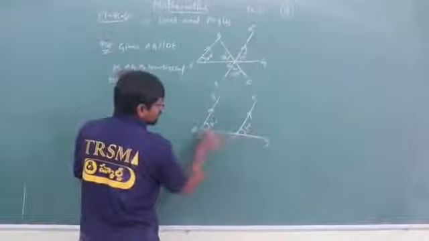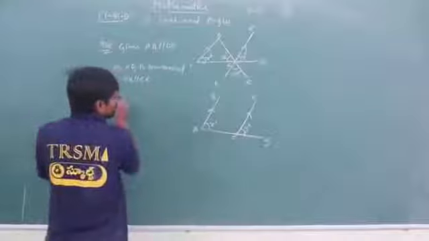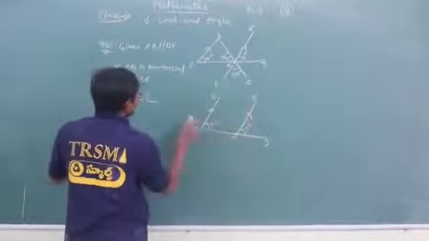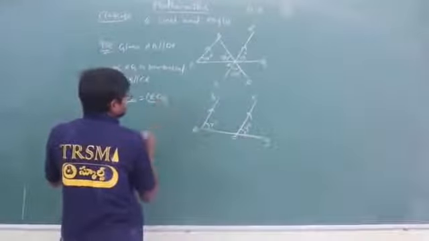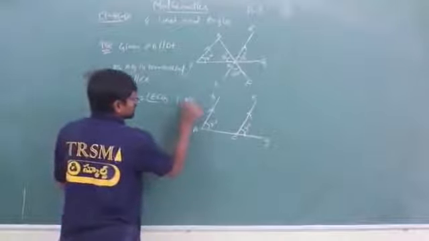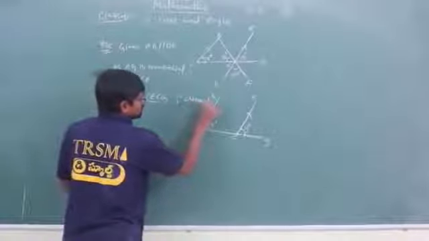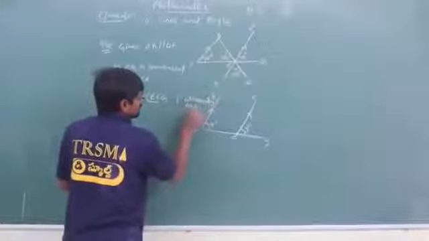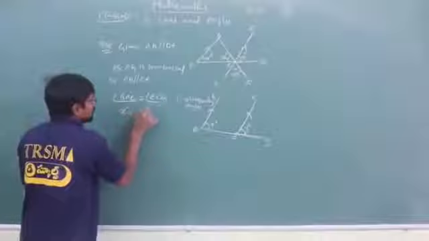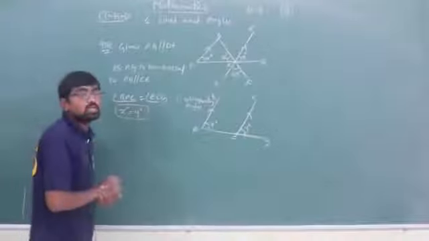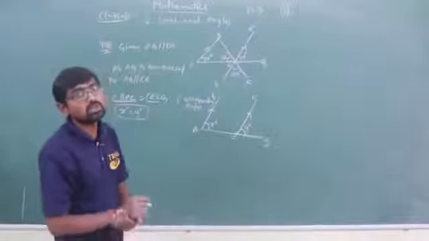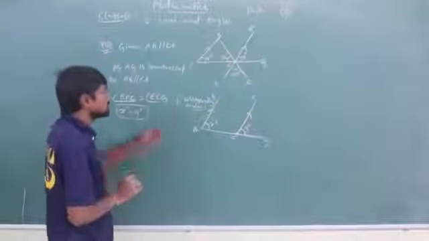Corresponding angles are equal, that is, x value is equal to y value. Angle BAC is equal to angle ECG, because of corresponding angles. Therefore x degree is equal to y. We have got the first thing: x value is exactly equal to y value.